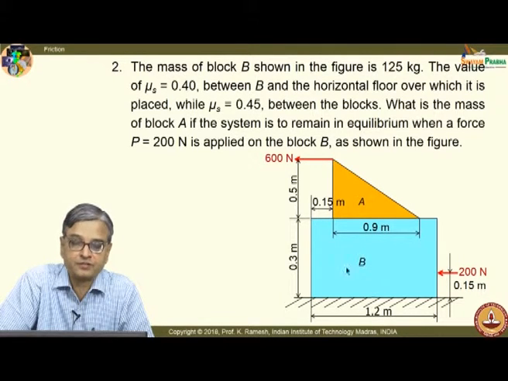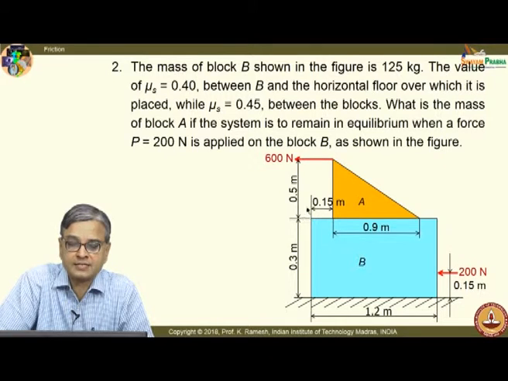The frictional coefficient is only 0.4, but between block B and block A, the frictional coefficient is given as 0.45. And the whole system is pushed by a force of 200 newtons, which is acting at a height of 0.15 meters.